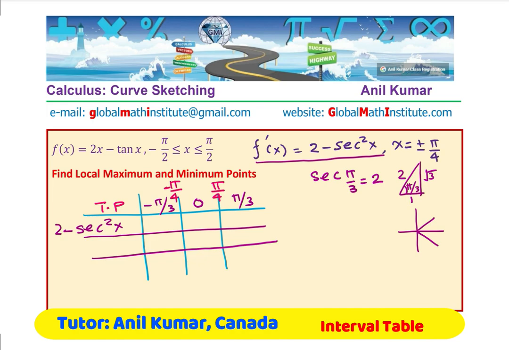So the square will be 2 square, 4, right? And therefore, secant square pi by 3 will be equal to positive 4. So when I substitute minus pi by 3, I get 2 minus 4, and therefore I get a negative value here, right?